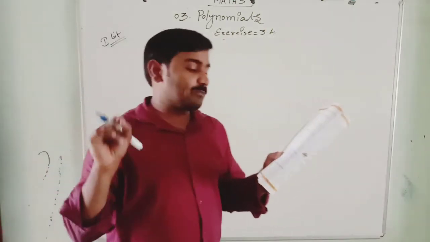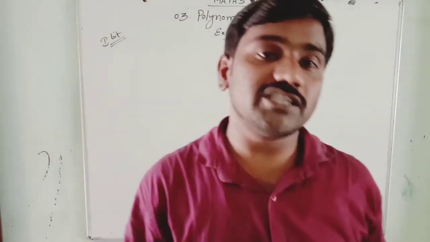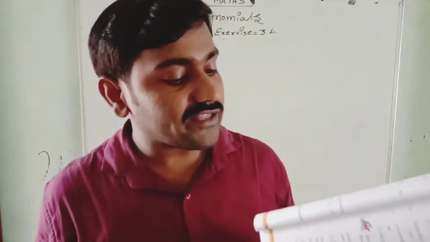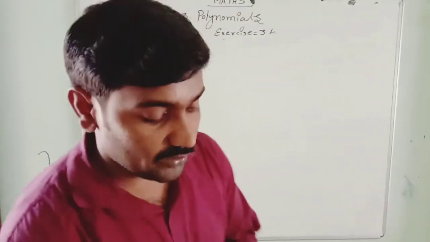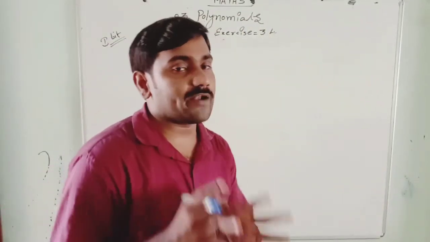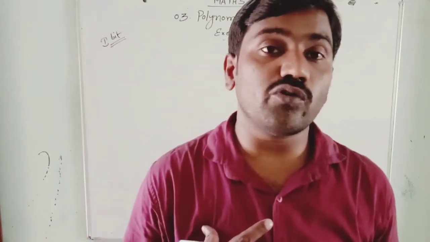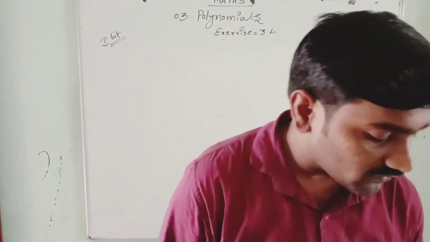Divide the polynomial p of x by the polynomial g of x and find the quotient and remainder in each of the following cases. So p of x we have to divide by g of x, and we have to find out q of x and r of x. Let us find out first.